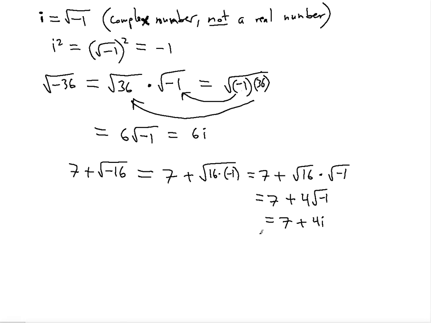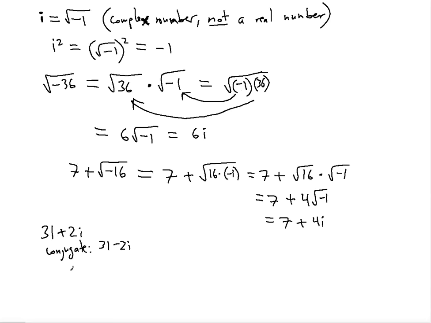And now finally, let's try to use the conjugates. So if I give you an expression like 31 plus 2i, the conjugate of that is going to be 31 minus 2i, right? So that's the conjugate.